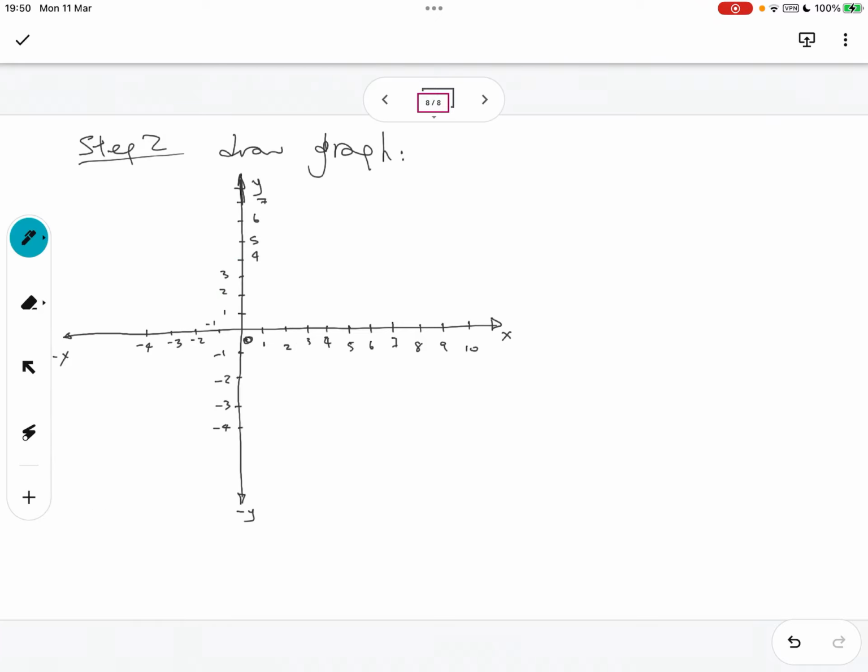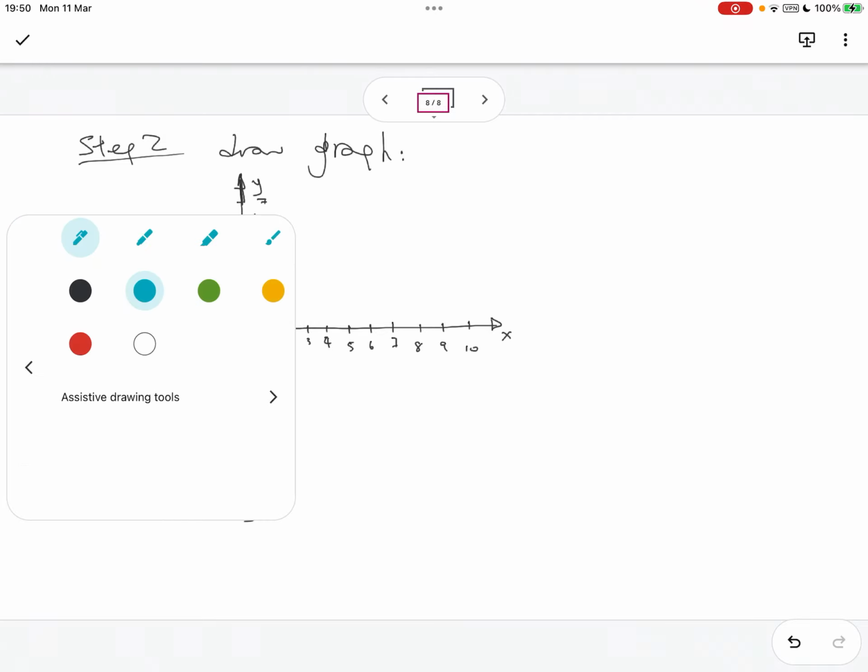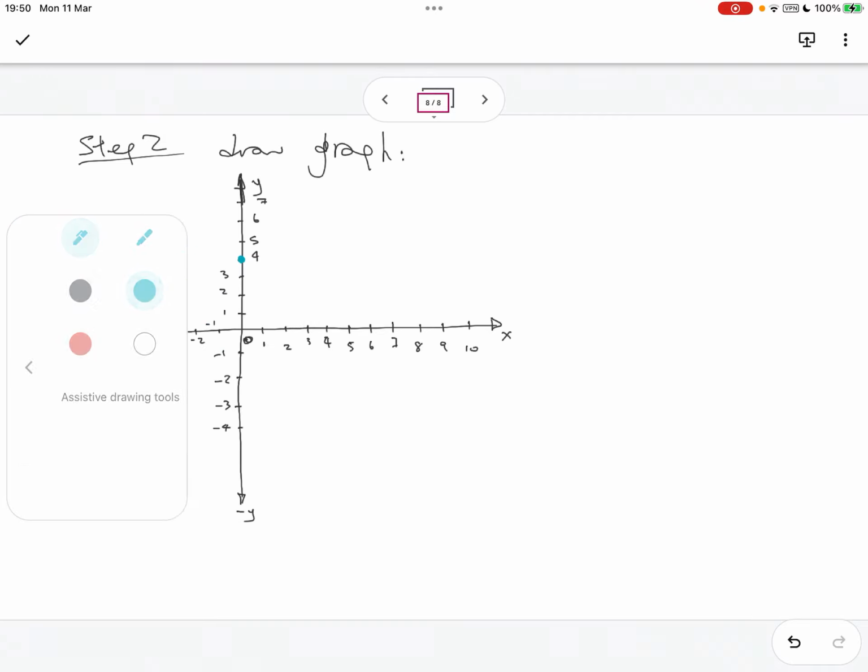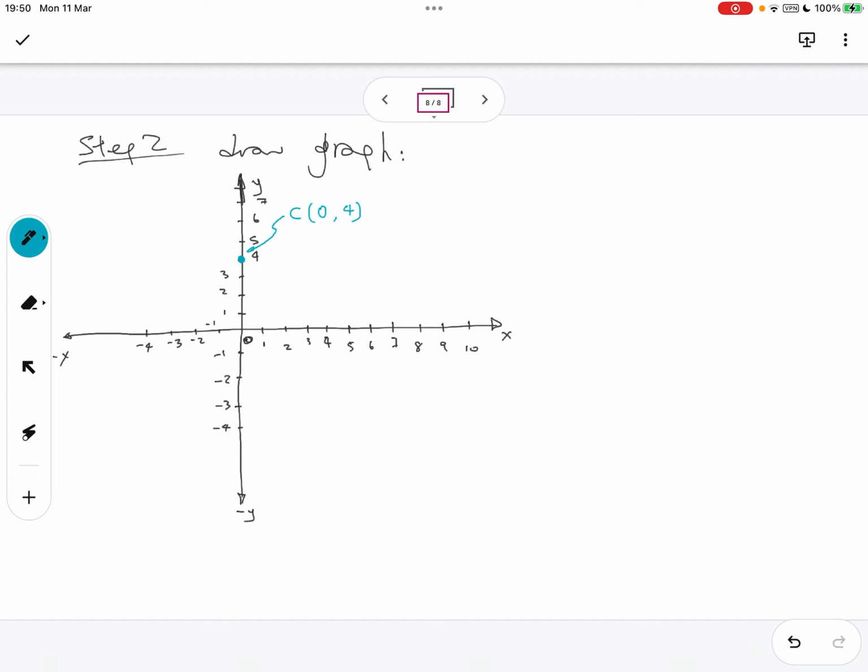So now our y-intercept is 4. And the important thing to note with the y-intercept is that if you are just told that the y-intercept is 4, then we know that the value of x there is 0.